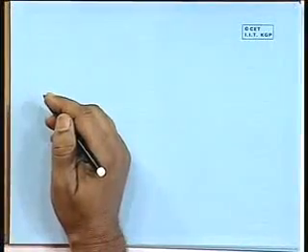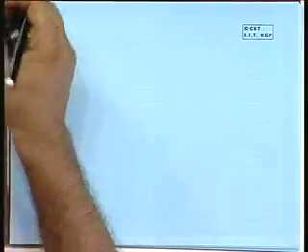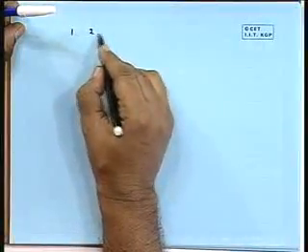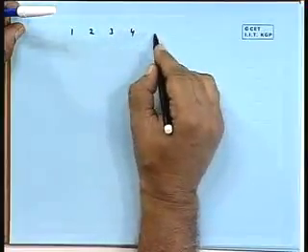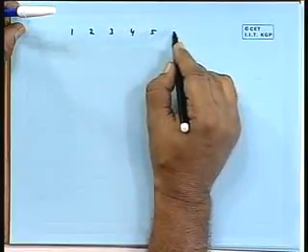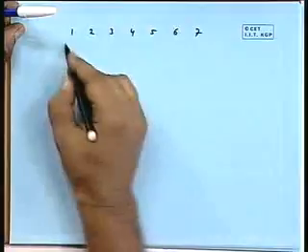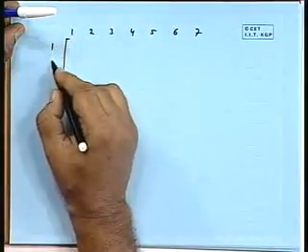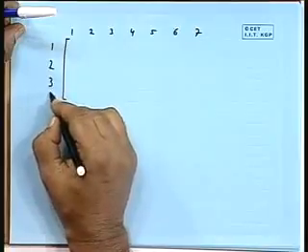So let us take up an example and see what results we get. Suppose you are given elements 1, 2, 3, 4, 5, 6, 7, and nodes 1, 2, 3, 4.